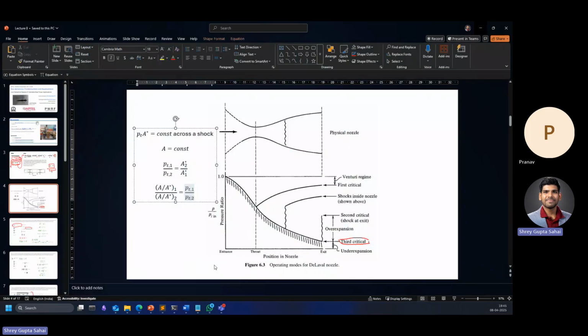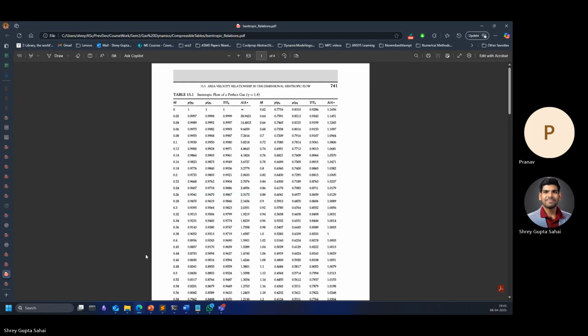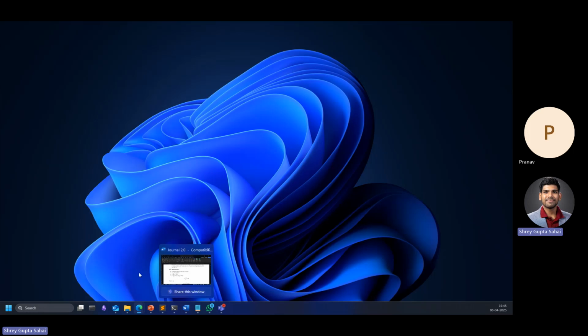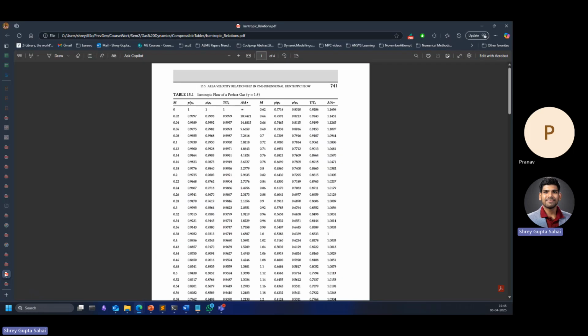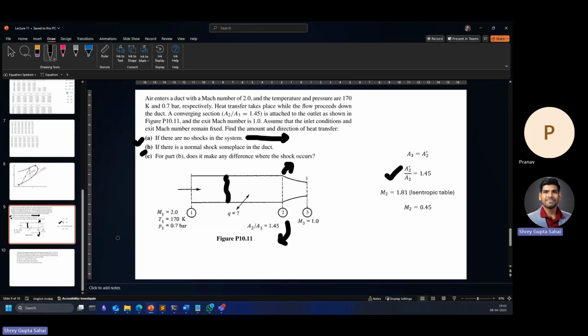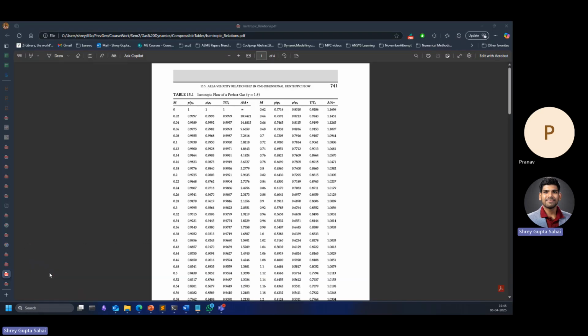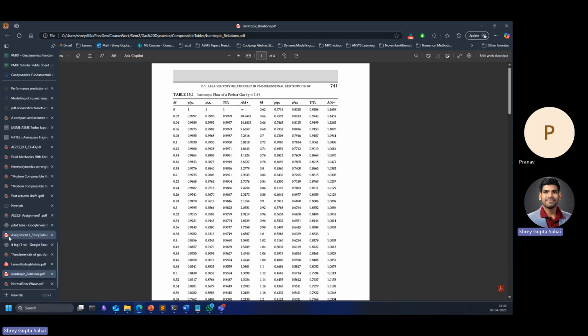So this is fine, the A by A star values will decrease across a shock. So even there, constant A by A star values are not related by these isentropic normal shock relations. Fine, so we can't comment on whether the heat transfer will be higher or lower, isn't it? Or can we?